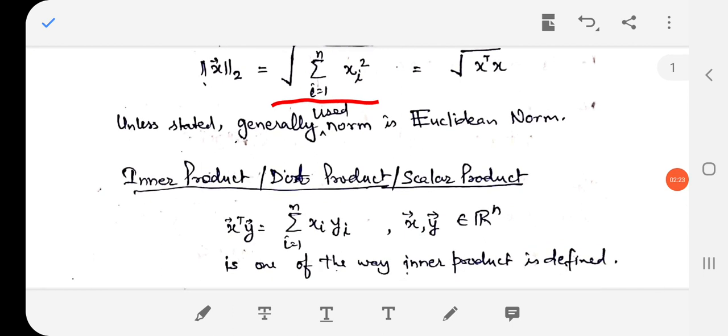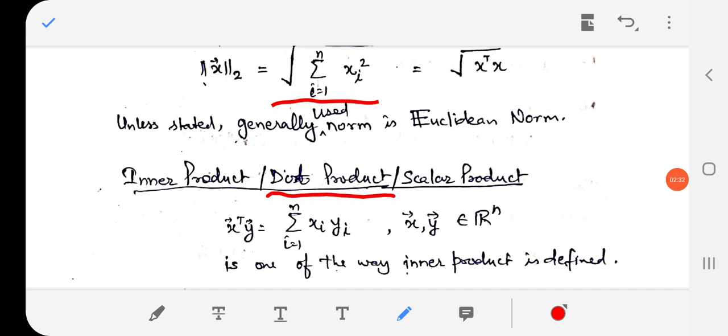Now when we say inner product, one of the simplest inner products is the dot product. And what is it? We multiply the vectors component wise. So corresponding components are multiplied and then summed up, and this is a particular inner product called the dot product.